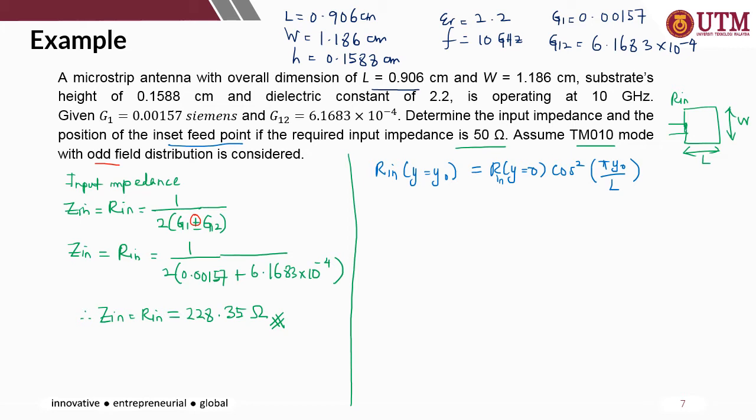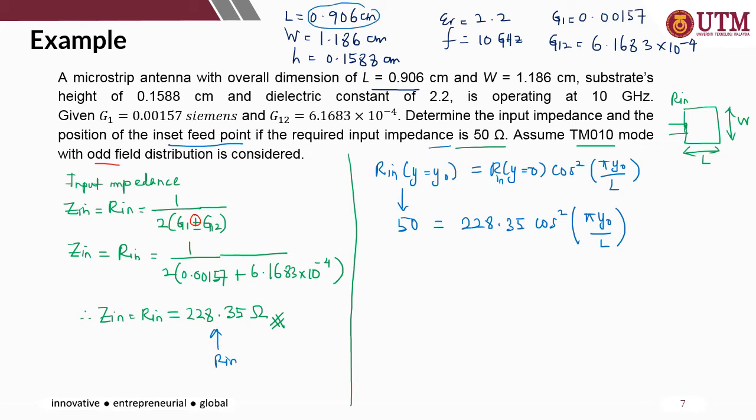Okay, so since we have calculated the R in at the edge, it is equal to R in at Y equal to 0. So the required impedance is 50, so R in equal to 50 ohm equals 228.35 ohm, from the earlier calculation, times cos squared pi Y naught over L, and L is given as 0.906.